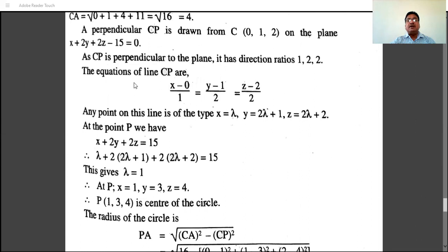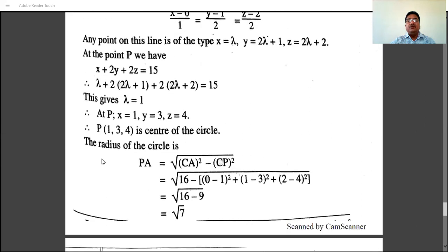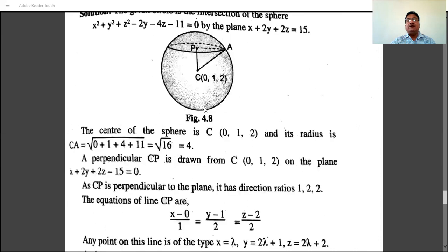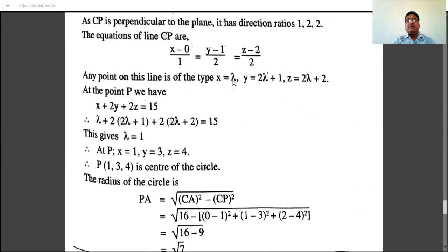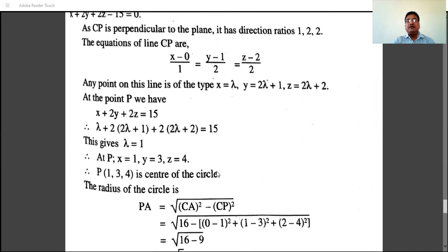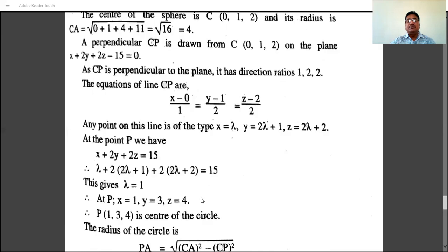So substitute lambda = 1, we have the coordinates of the point P. x is 1, y is 3, and z is 4. This is the center of the circle.